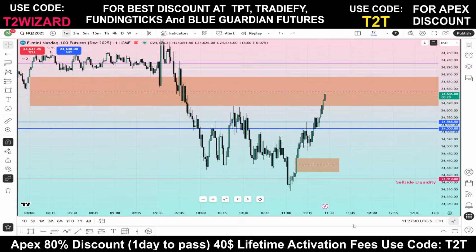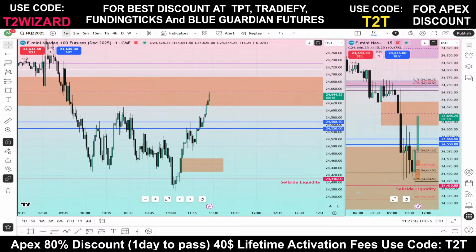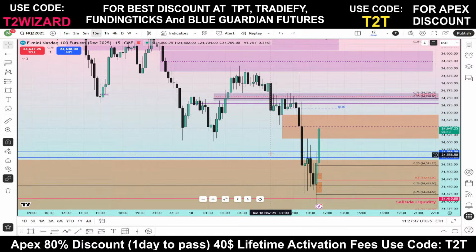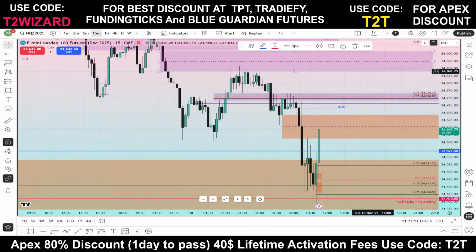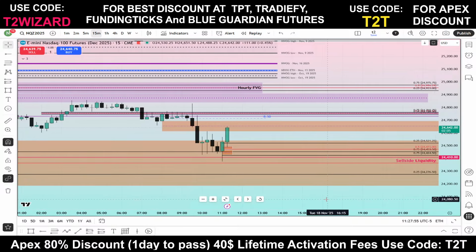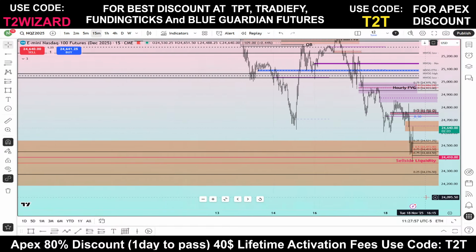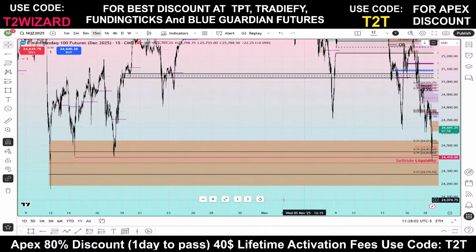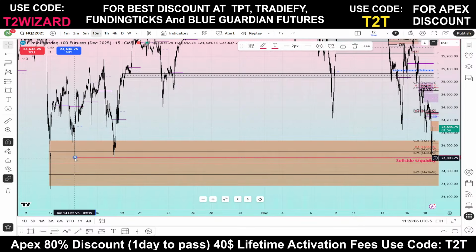Guys, I really don't think there will be anything else right now. Let me recheck. Okay, I'm going to remove this sell side liquidity. Remember, my target is filled. That was my target.